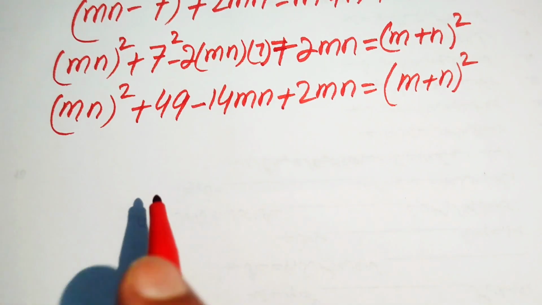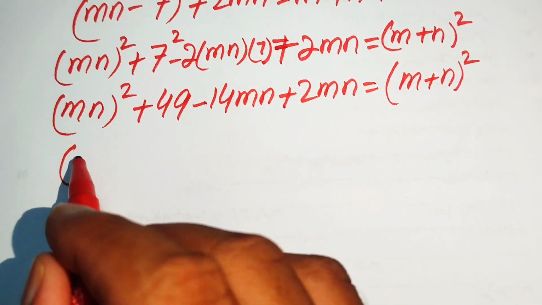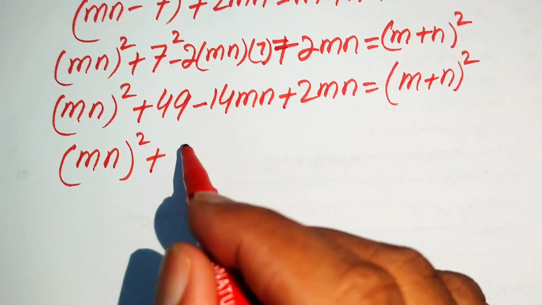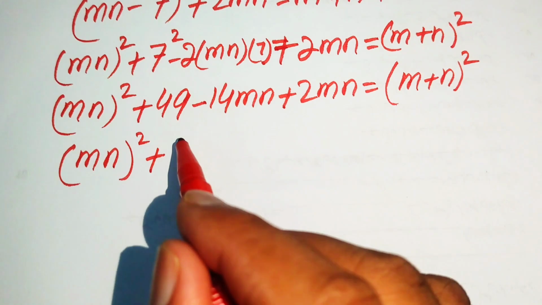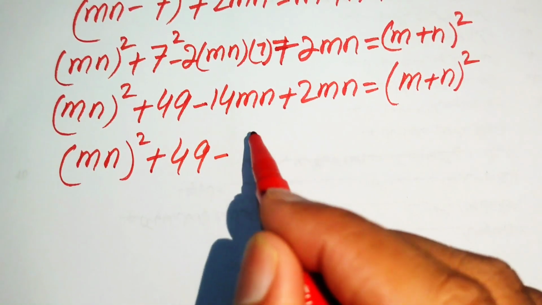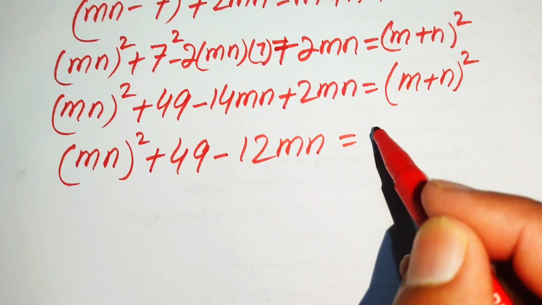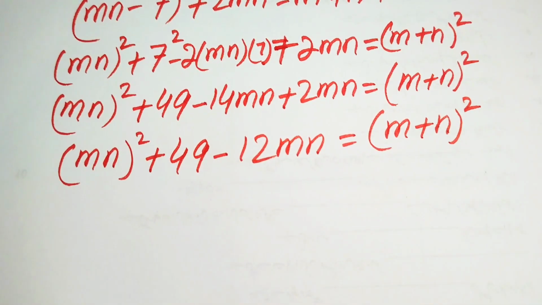So after this step, we just simplify these terms and we write it as (mn) whole square plus 49 minus 12mn, and this is equals to (m plus n) whole square.